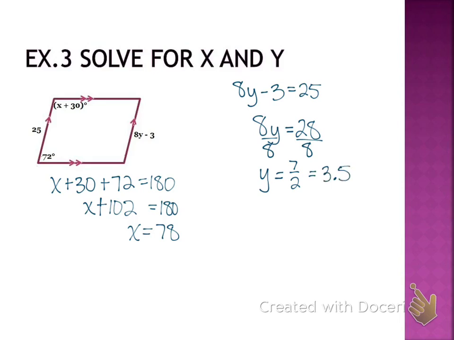I would accept either way. Questions, concerns? Okay, I'm not okay with you leaving it as 28 over 8. You would need to either give me the exact decimal or give it to me as a reduced fraction. Questions, concerns about example 3?